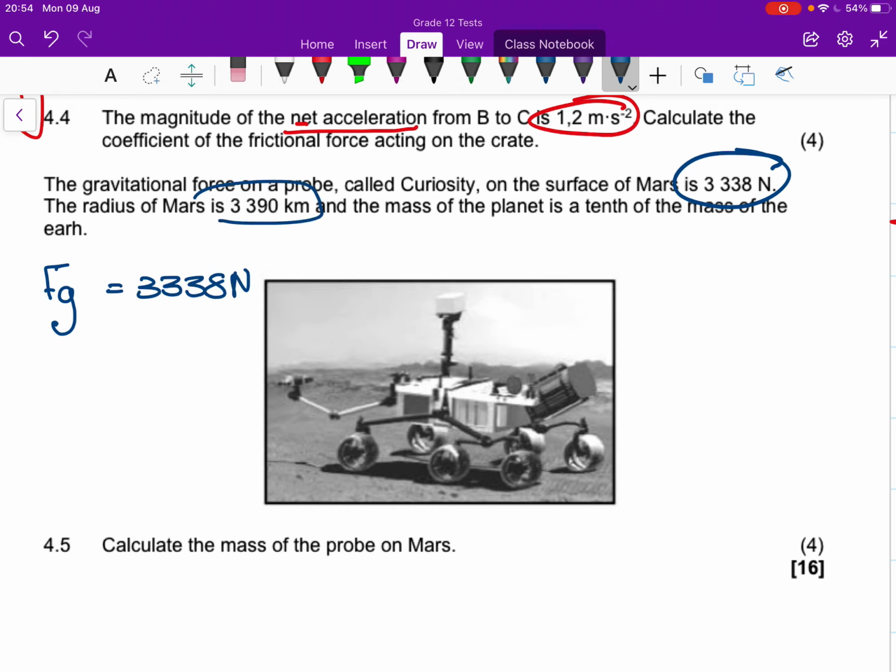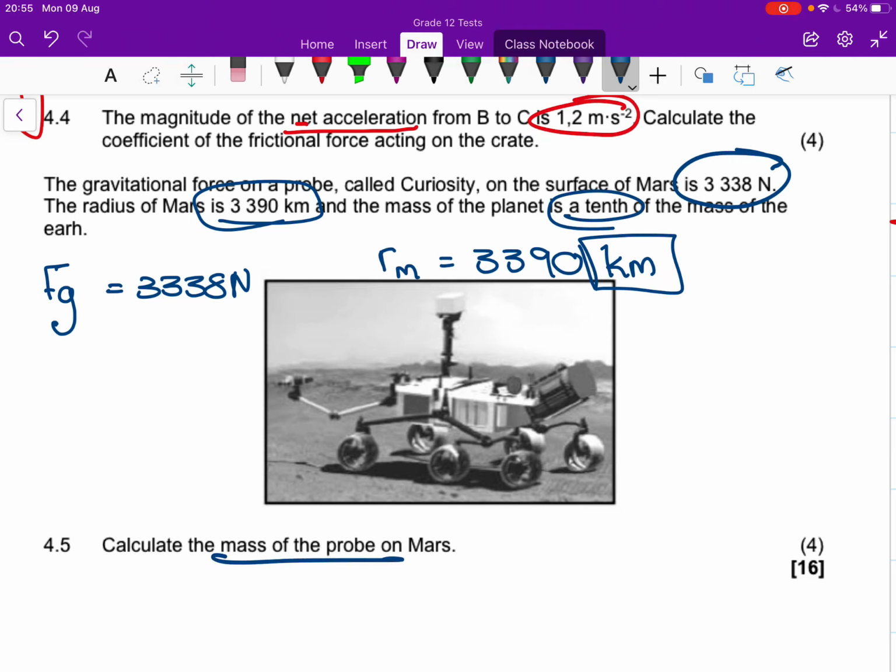The radius of Mars, 3,390 kilometers. This was an issue. The mass of the planet is 1/10 the mass of the Earth, and they want the mass of the probe. This Fg is the force between the planet, Mars, and the probe.